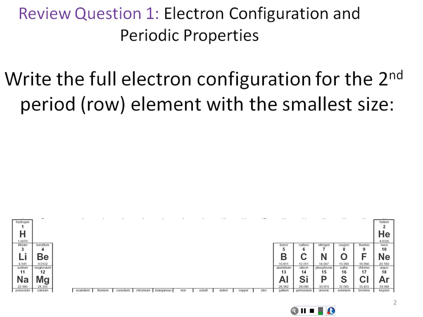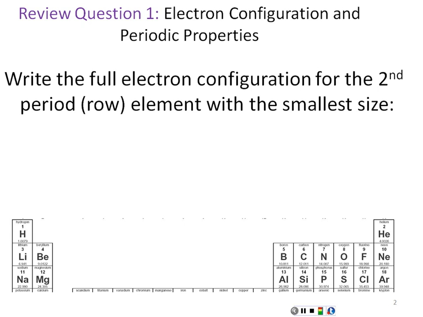Question 1. Write the full electron configuration for the second period element with the smallest size. So this tests your ability to first find the element with the smallest atomic size, and second, to write the full electron configuration.